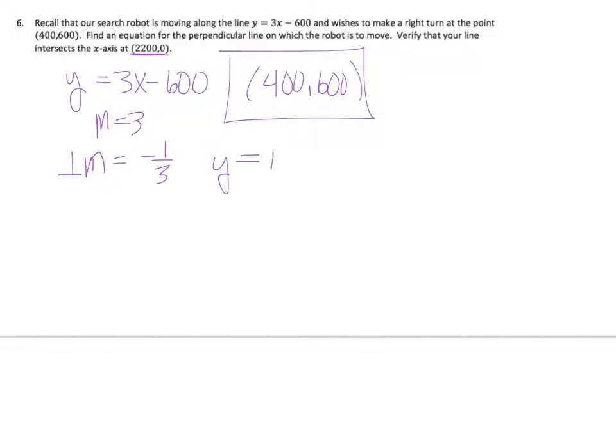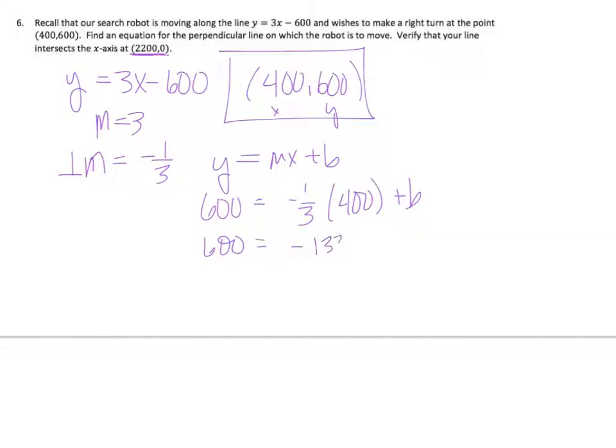So y equals mx plus b. Let's figure out what that y-intercept is. I have x and y. 600 equals negative 1/3 times 400 plus b. 600 equals negative 133 and 1/3 plus b.